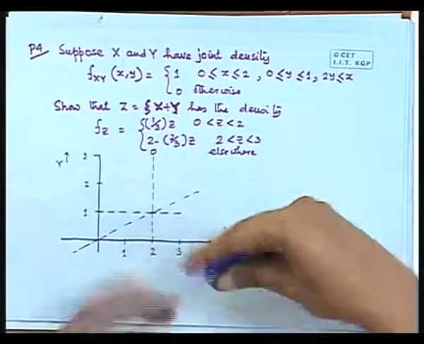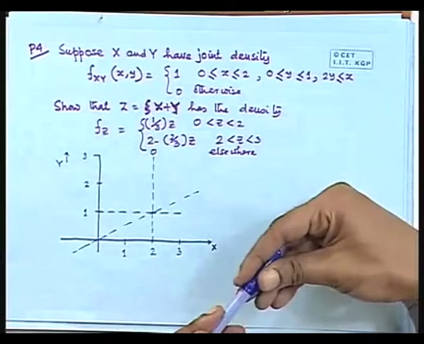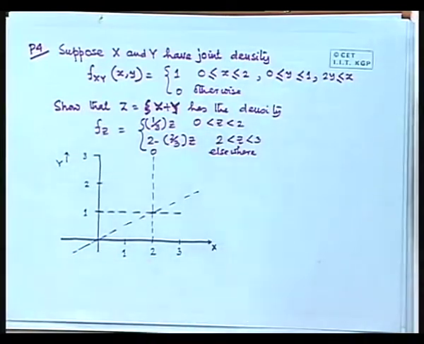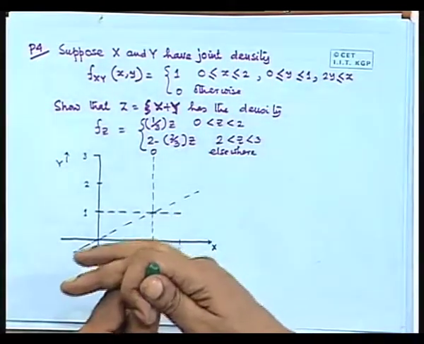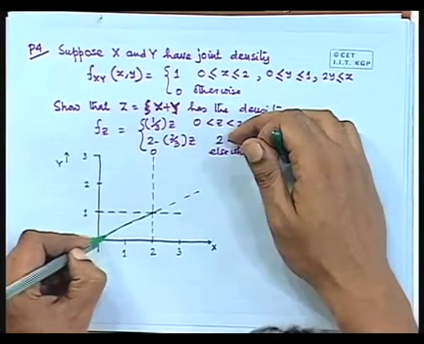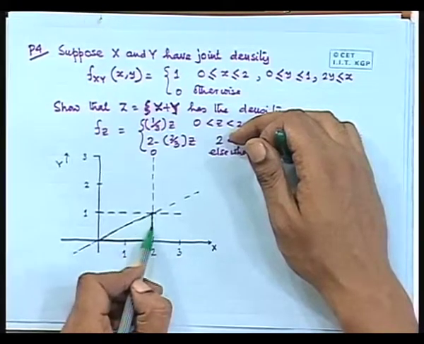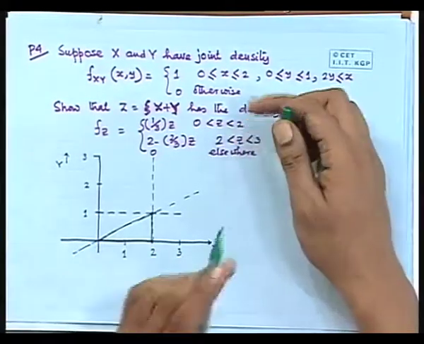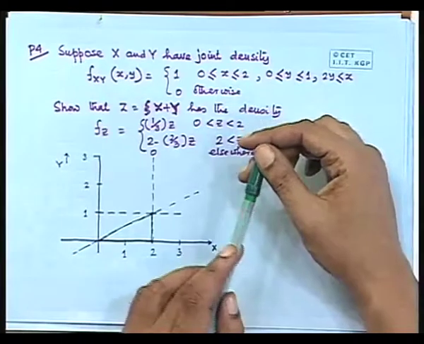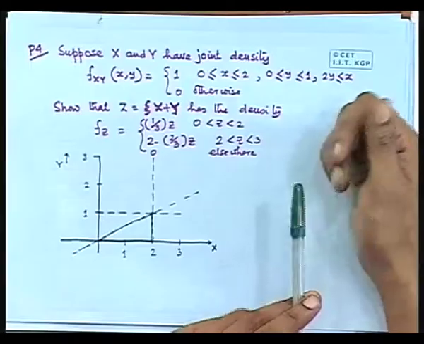So the area in which fxy is non-zero turns out to be this area. This is the area in which fxy is non-zero, inside this triangle. Right? First agree to this.